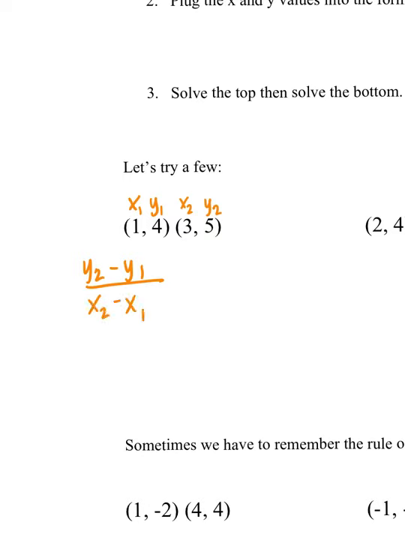And I'm just going to plug in my values. So my Y2 is 5 minus my Y1 is 4 over my X2 is 3 and my X1 is 1. 5 minus 4 is 1 and 3 minus 1 is 2. So my slope is 1 over 2.